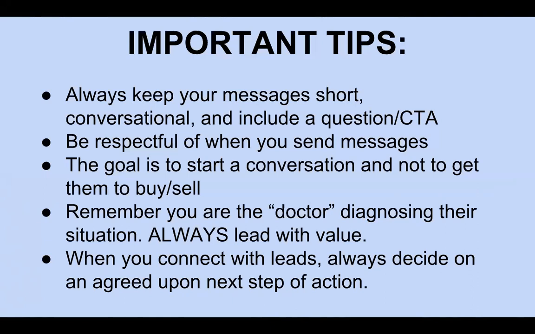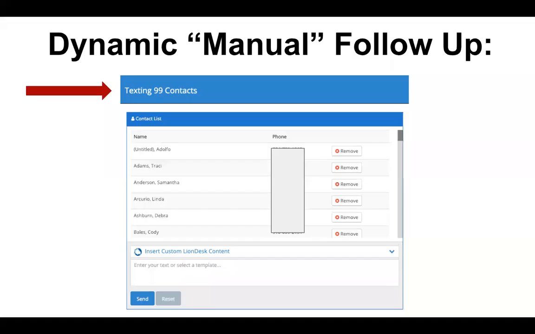When you ask someone a question, it creates an internal pressure to respond. In most cases, a binary question is the best way to start a conversation. So for example, the example I just gave: hey, Lisa, this is Josh. Just curious, are you still thinking about selling your home in Newport Richey? Let me know either way.